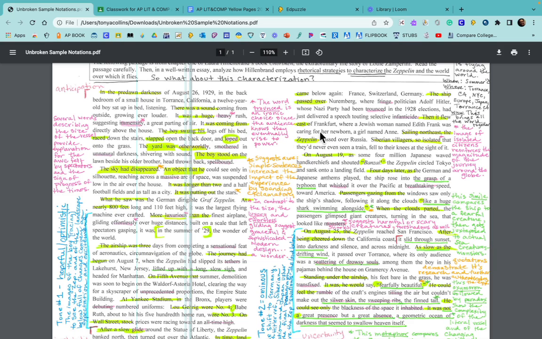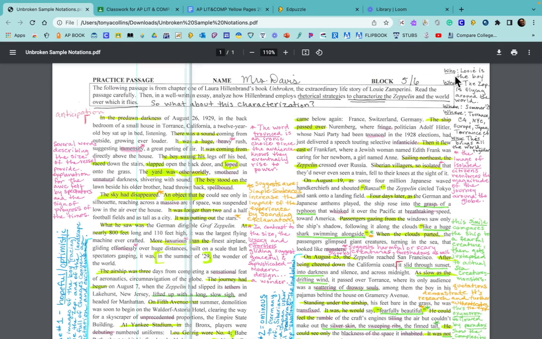So let's look at the five W's. I had a hard time finding many students' who, what, when, where, and why. The five W's should be the first thing you write, and I should be able to find it easily in your annotations.